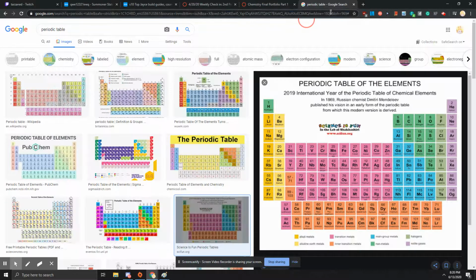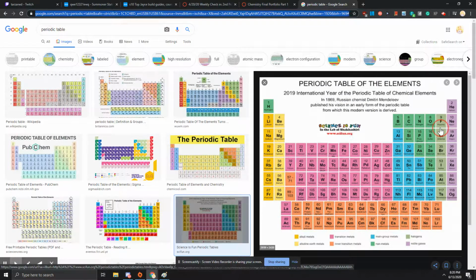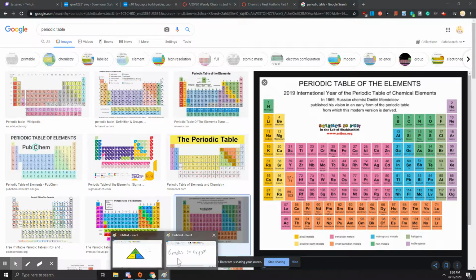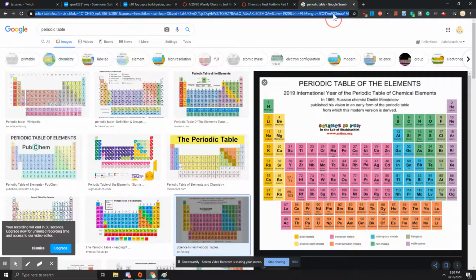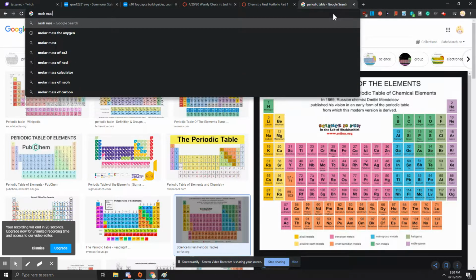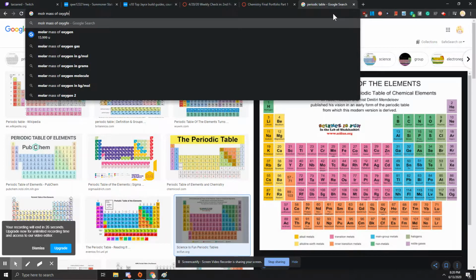Okay, so if you have a periodic table, you can look at the bottom of the element name. It will give you the mass of 1 mole. If you don't, you can just Google it. So I'm gonna just Google it. So the molar mass of oxygen.